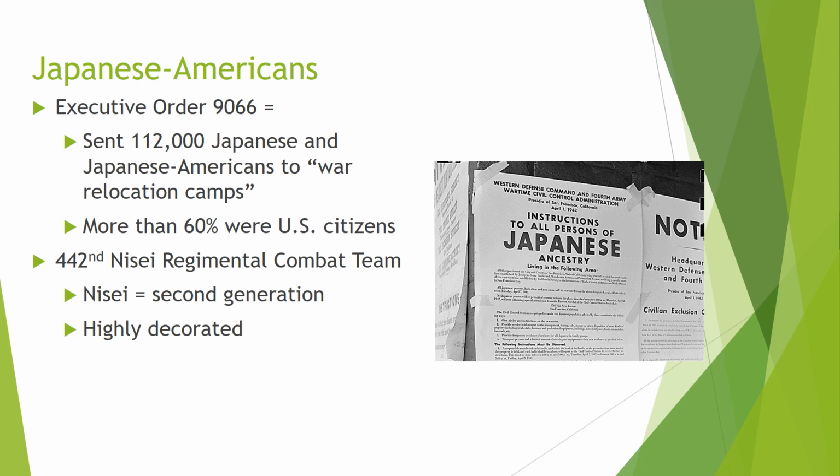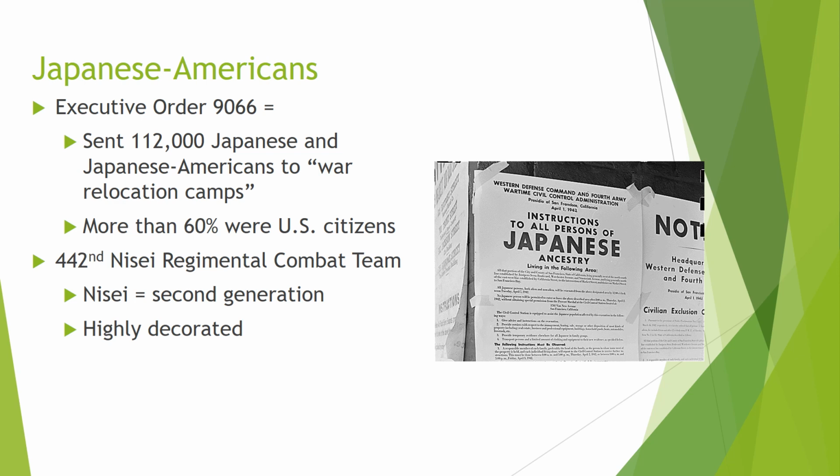The concern is that the largest Japanese and Japanese American population is along the west coast of the United States, and that the thought is that any invasion from Japan would come from the west. So the idea here is to remove Japanese and Japanese Americans from the west coast into a more secure interior location.